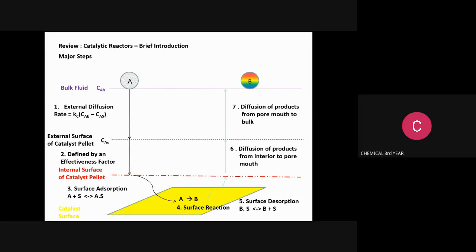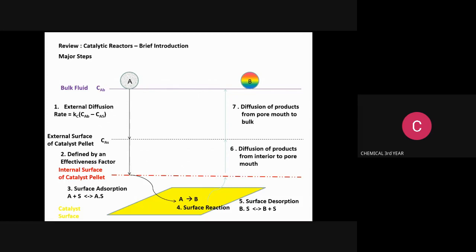Now the third one is surface adsorption. Simply you all know about adsorption, where our initial feed A reacts on the catalytic surface and forms some intermediate product, which is named here as AS.